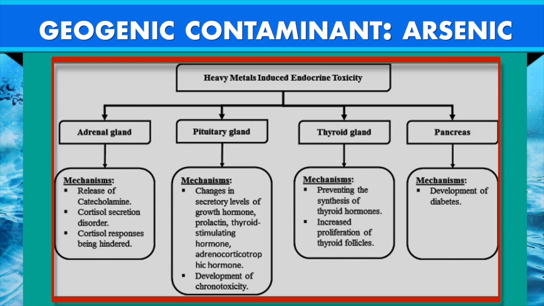Ingestion of inorganic arsenic can result in both cancer and non-cancer health effects. Arsenic interferes with a number of essential physiological activities, including action of enzymes, essential cations, and transcriptional events in cells.